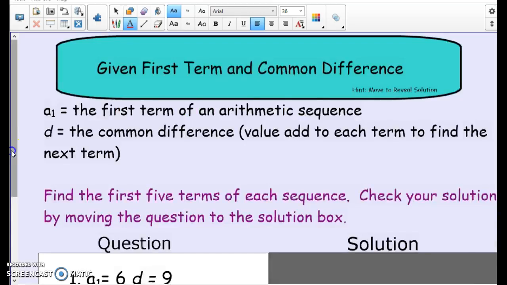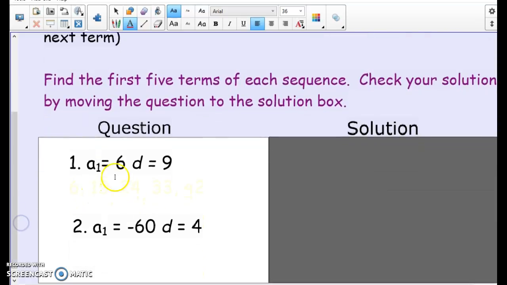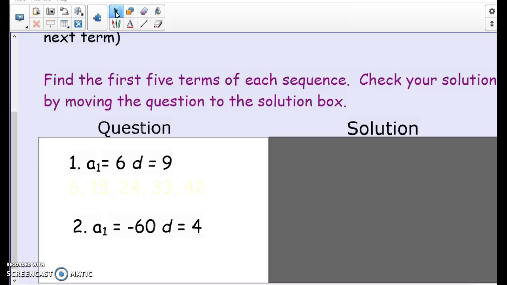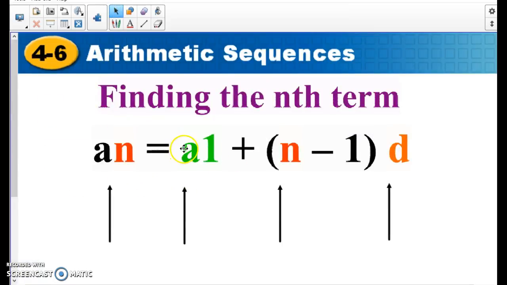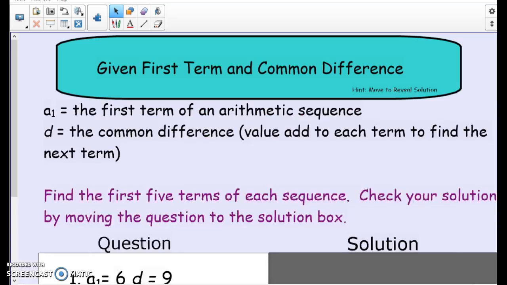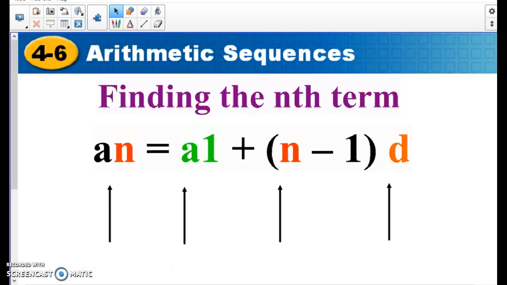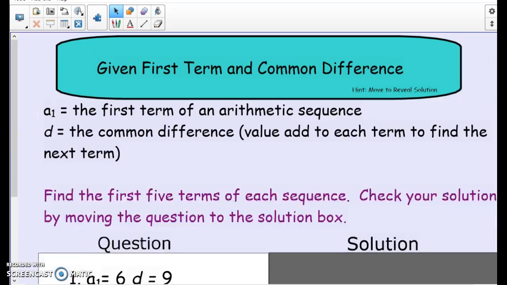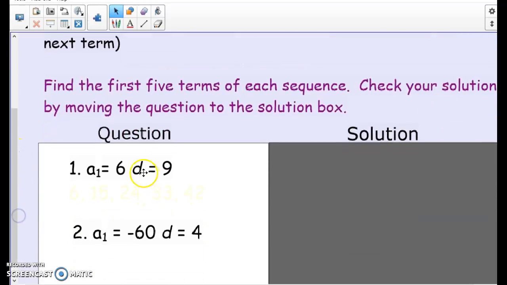So if we're doing that here, we have our first term is a1, we have our difference is 9. If we plug that into the formula, a1 would be 6, the difference would be 9, and we're going to try and find those first 5 terms for this one.